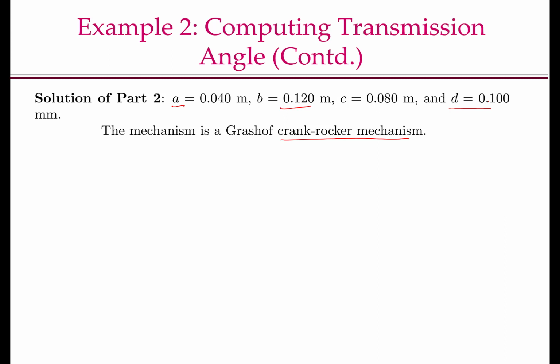Furthermore, I have said that my input is the link with length A, so my crank is the driven link here. Therefore, I can use the formula that I derived before, which is shown here.